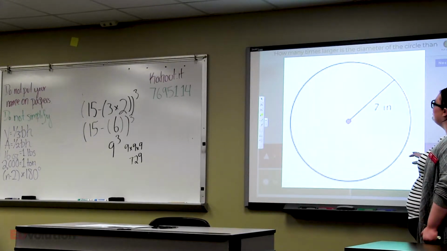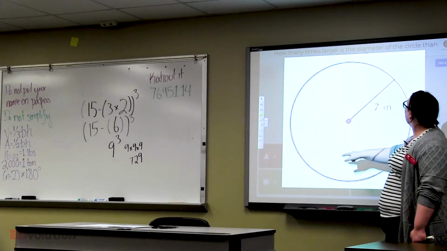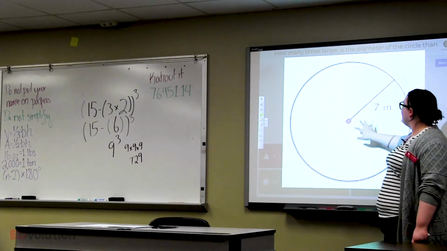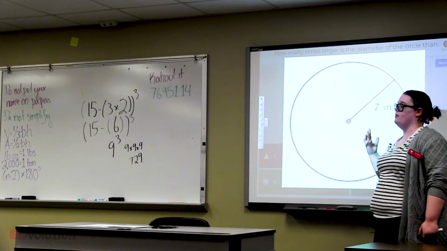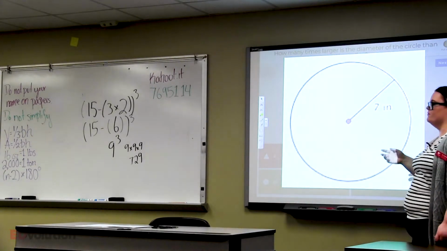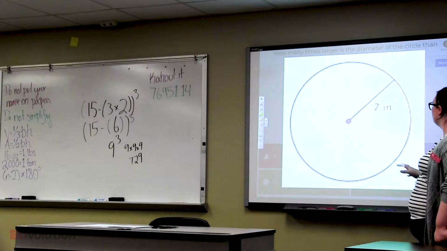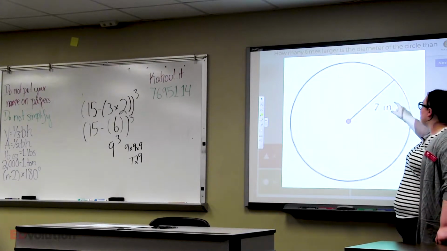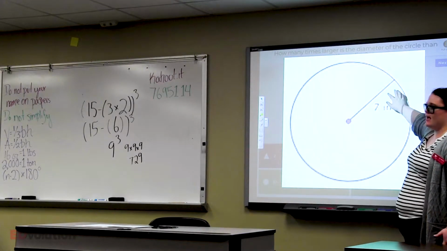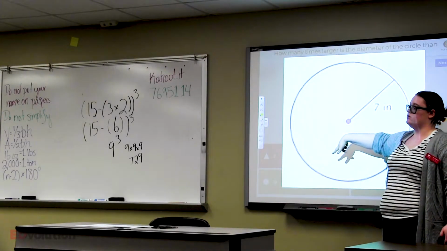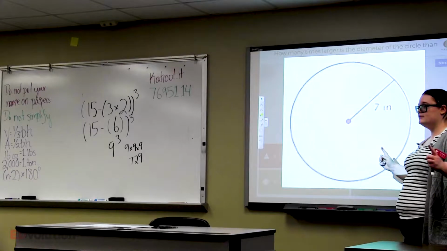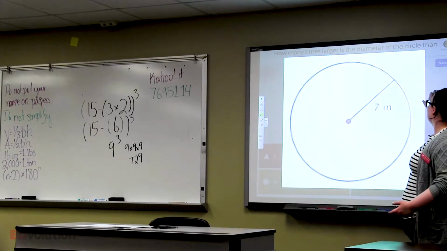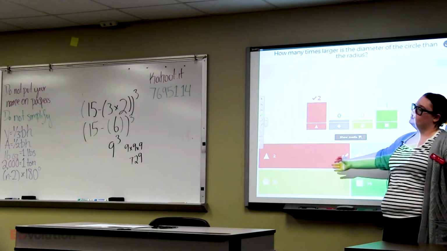We know that the diameter of a circle goes from one side to the other, passing through the midpoint of the circle. A radius only goes from the outer edge to the midpoint of the circle. So if you had 2 radiuses, it would go all the way through the circle. So the relationship is a factor of 2.